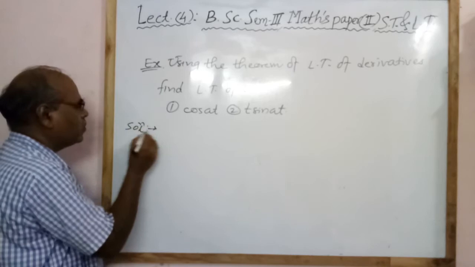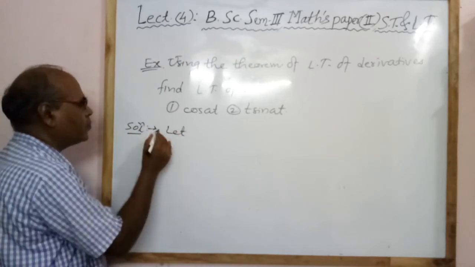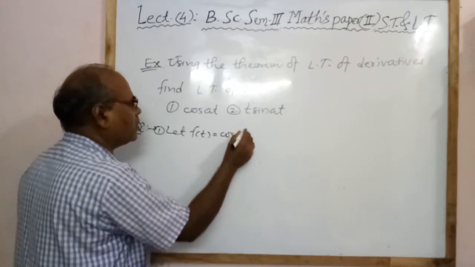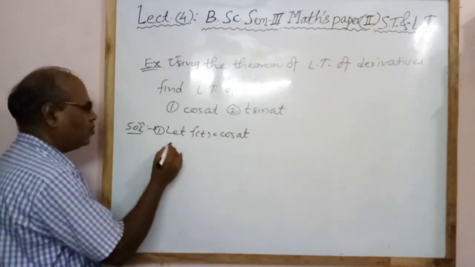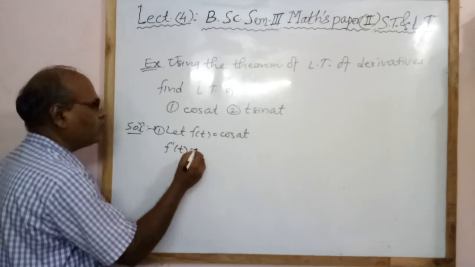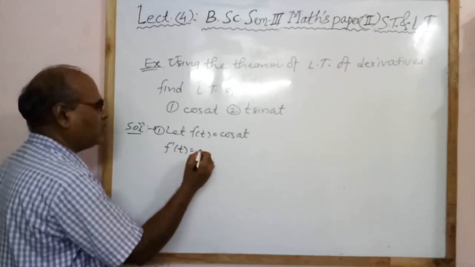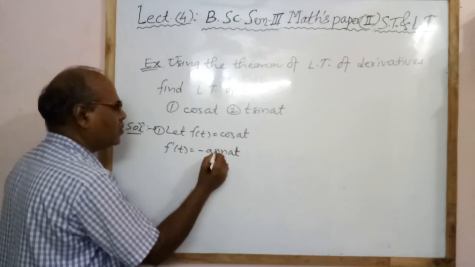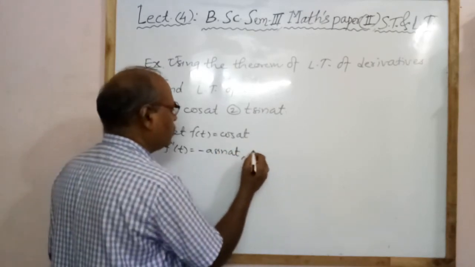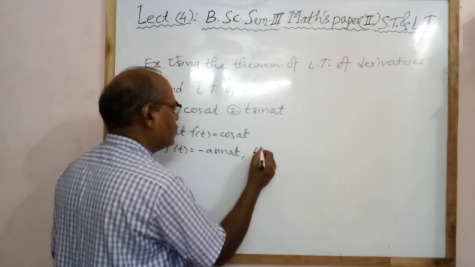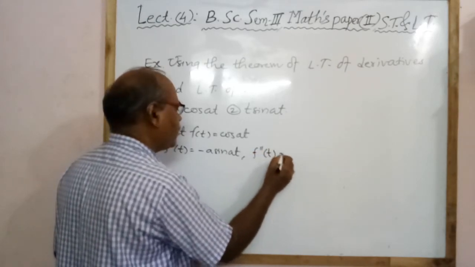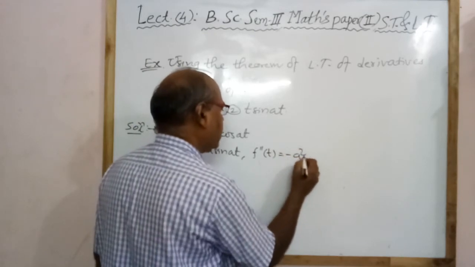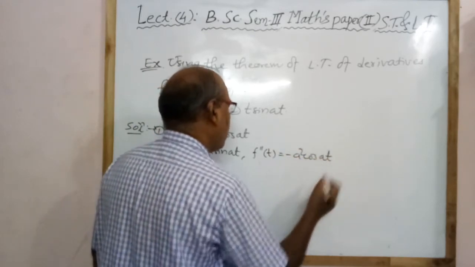Solution. First, let f of t equal to cos of at. Therefore, find the derivative: f dash of t equal to derivative of cos at, minus a sin at. Then f double dash of t, again derivative of this: derivative of sin at is cos at, therefore minus a square cos at.